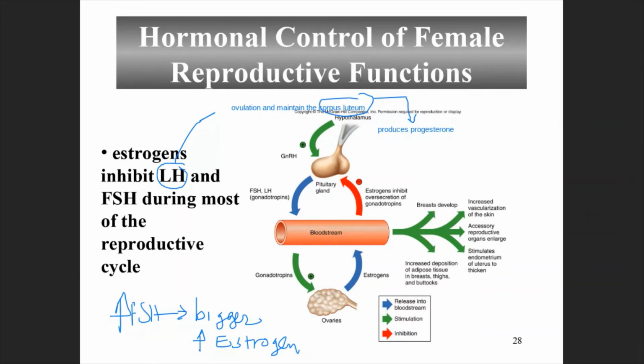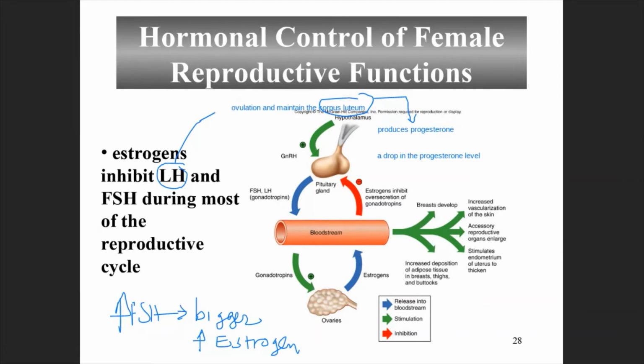What causes menstruation is a drop in the progesterone level. Now, why is there a drop in progesterone level?